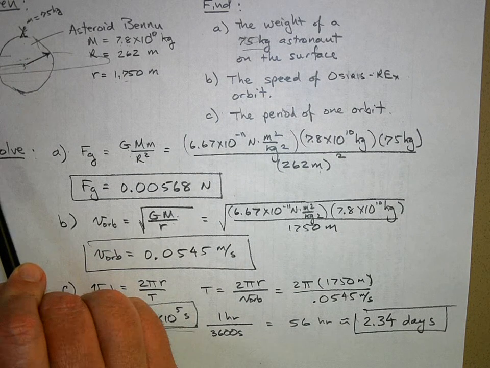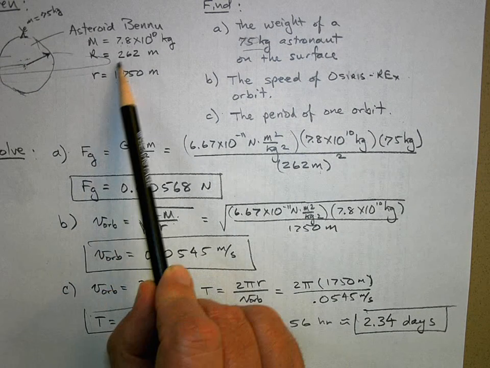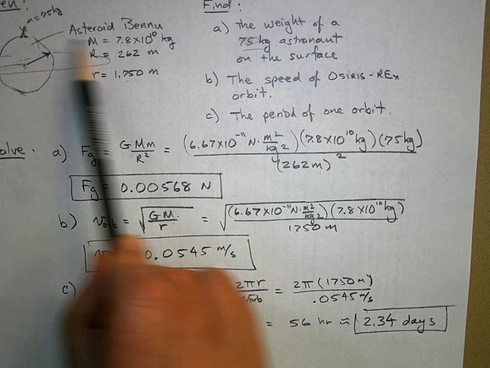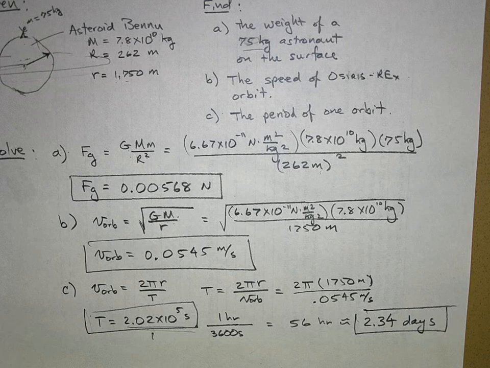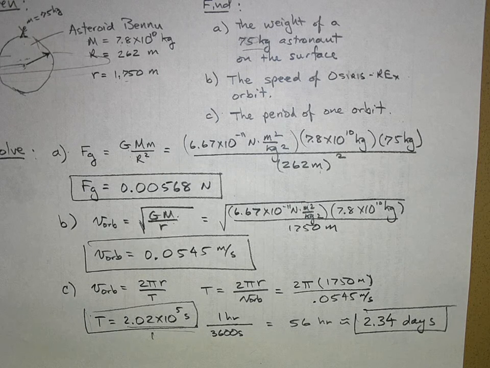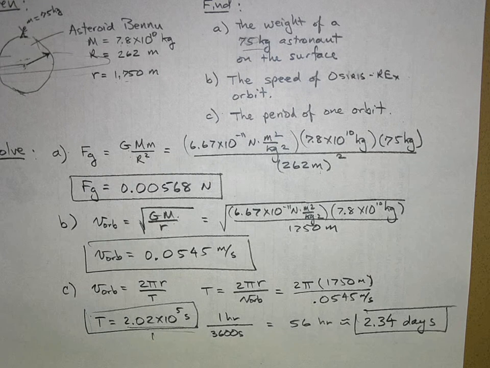So the radius is a mile. So you go around here, it's probably about 7, maybe 8 miles circumference. It'd take you 2.34 days to do that. So you're moving really, really slow.